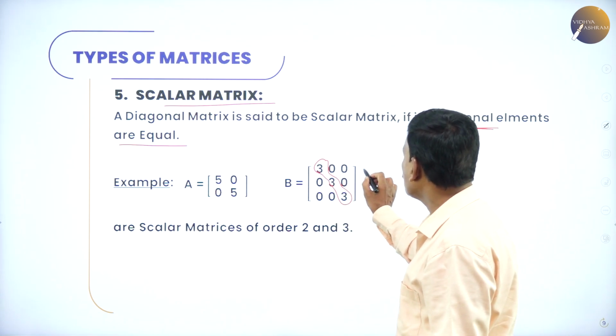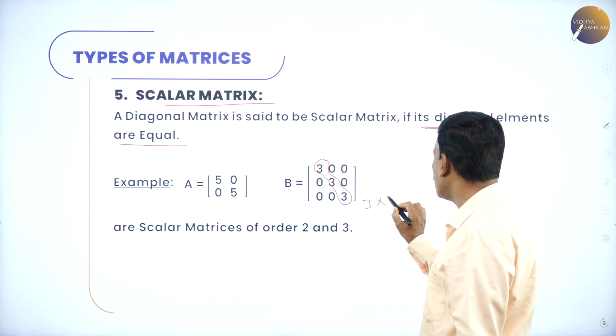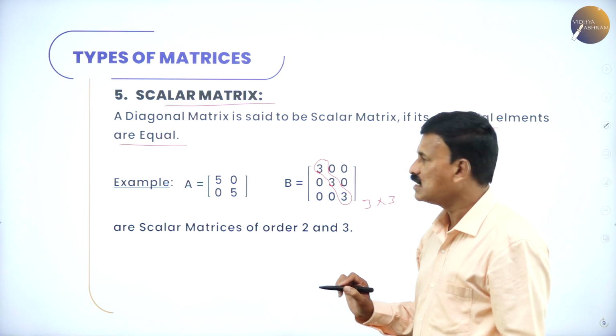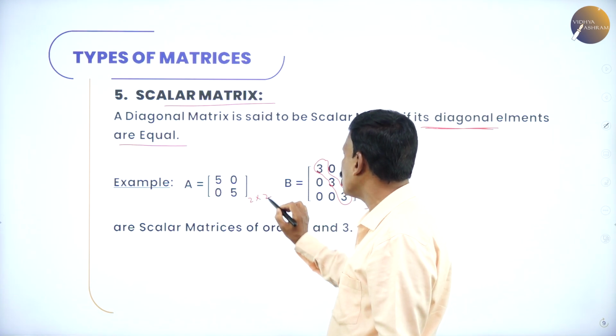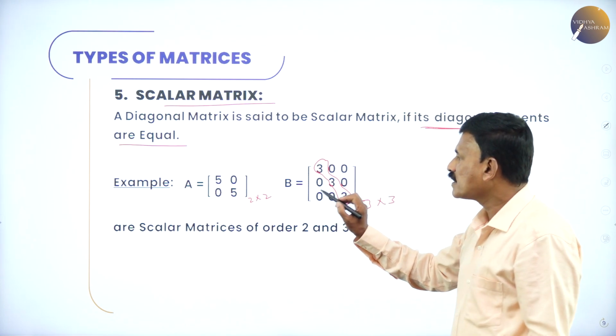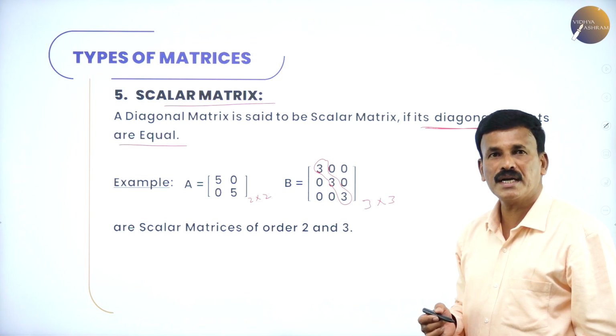So, 3, 0, 0, 0, 3, 0, 0, 0, 3 is an example for a scalar matrix of order 3 cross 3. And 5, 0, 0, 5 is an example for a scalar matrix of order 2 cross 2.